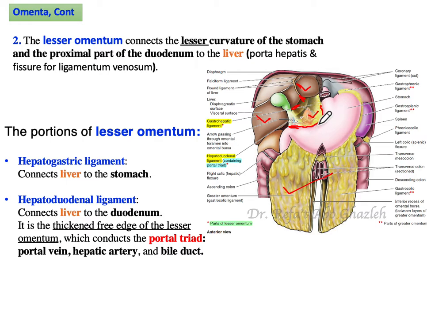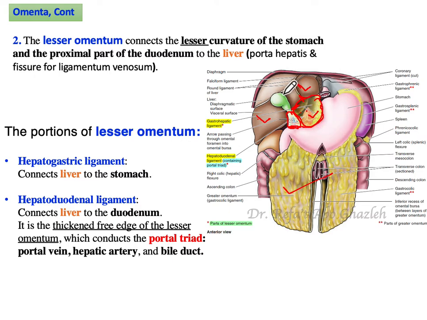Now, there are two portions of the lesser omentum. There is a membranous part and there is a ligamentous part. The membranous part is called hepatogastric.